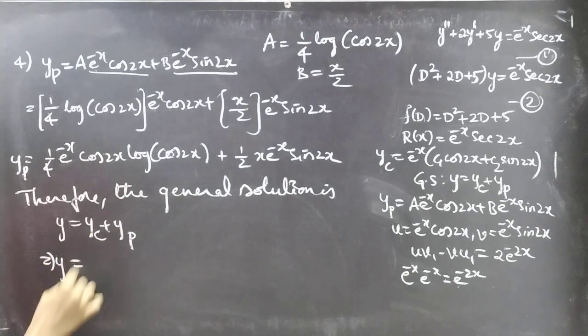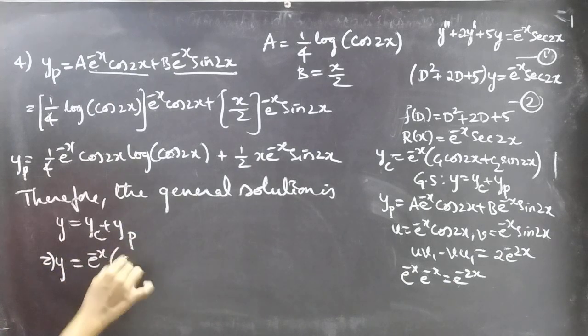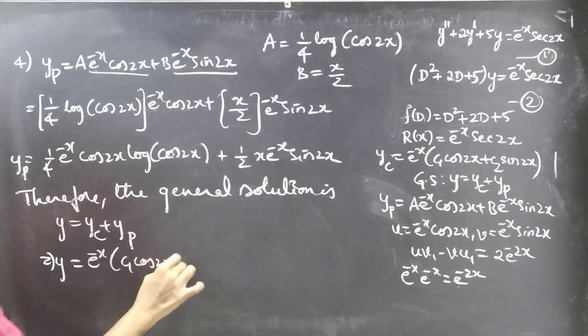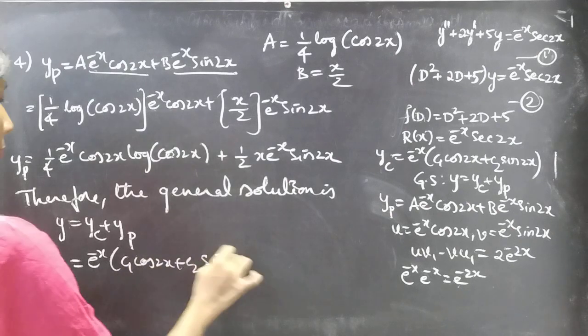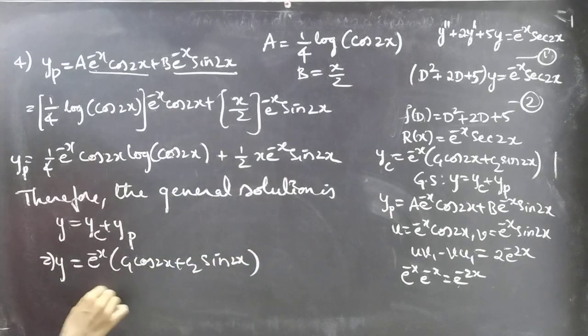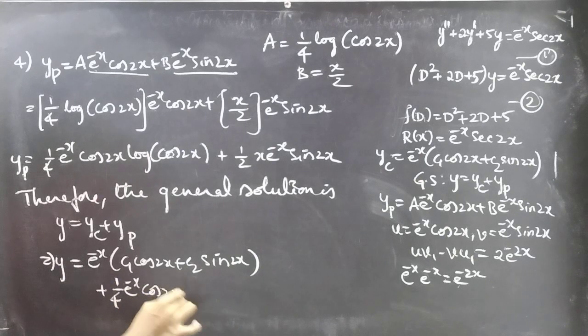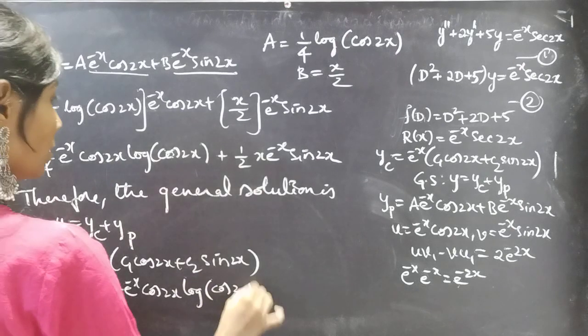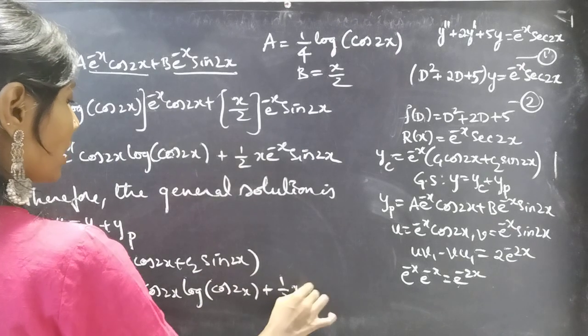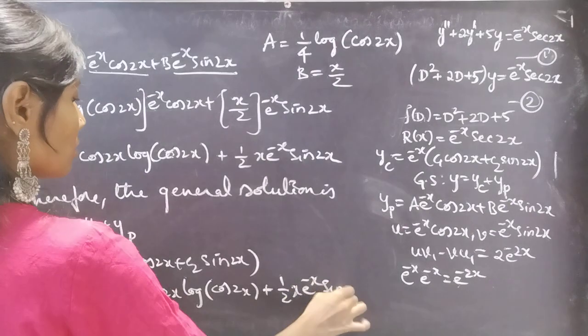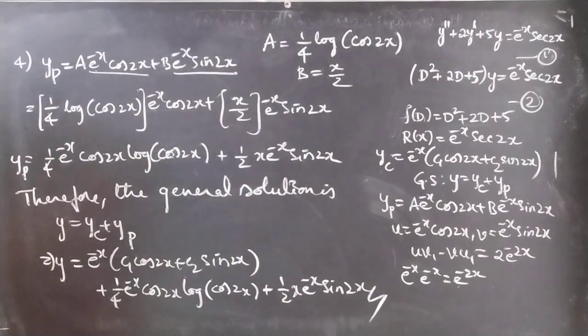Then y equals yc, which is e power minus x of c1 cos 2x plus c2 sin 2x, plus yp, which is 1 by 4 e power minus x cos 2x into log of cos 2x plus 1 by 2 x e power minus x sin 2x. This completes the problem.